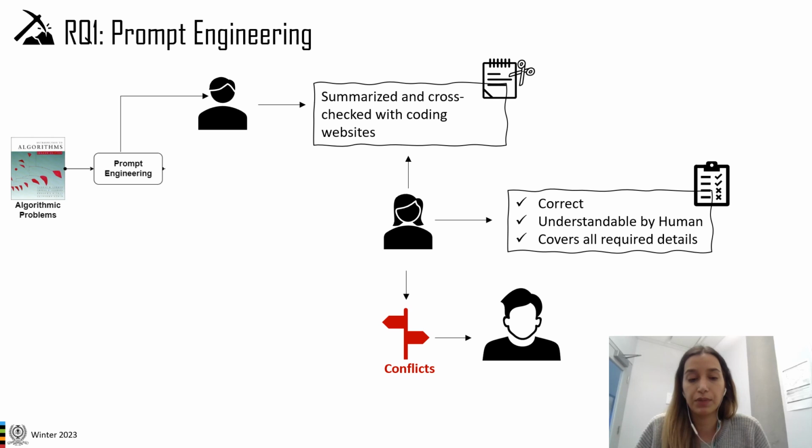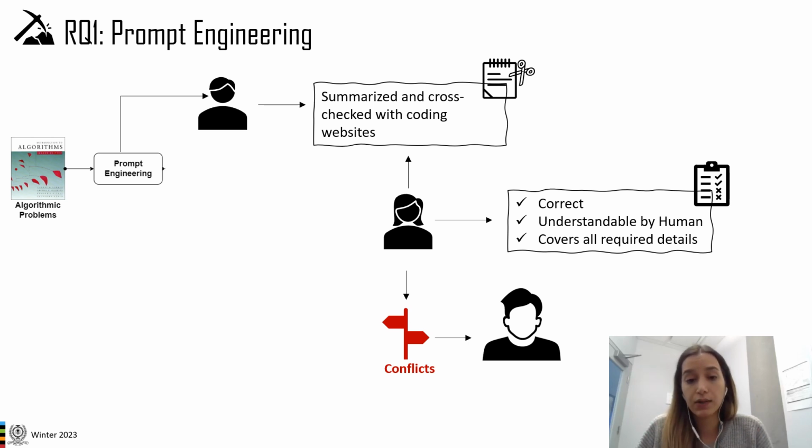So that was the reason that the authors of this study, me and my colleagues, collected problems from this book and summarized their descriptions. The descriptions for these problems could easily be found on the internet or on different websites, but we wanted the descriptions to be human-written and handwritten, to avoid the memorization risk in Copilot, where it memorizes the exact text from its training data set and returns it as the solution.